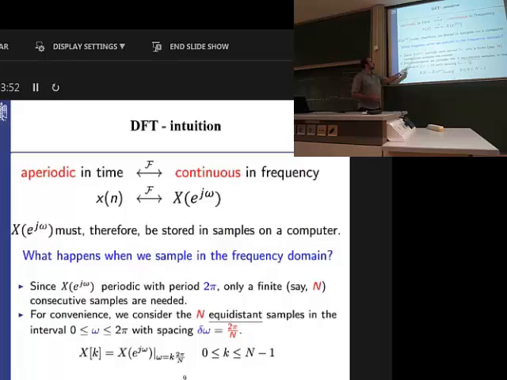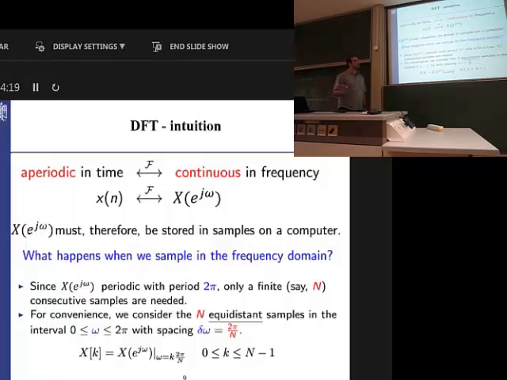This X(e^{jω}) is periodic. We saw that x[n] is aperiodic, but when we go to the frequency domain and take the DTFT, it's a periodic signal with a period of 2π. So we say that we take N samples. We're not talking about what N should be. We're just talking about a specified value of the sampling rate, which is N.